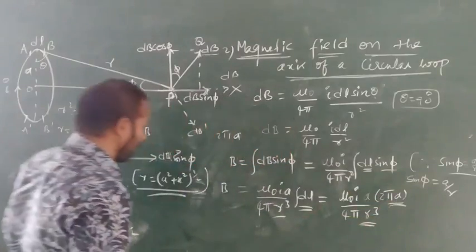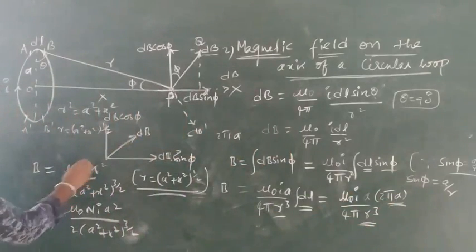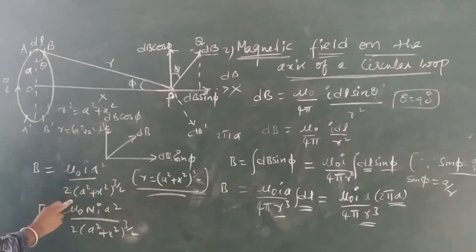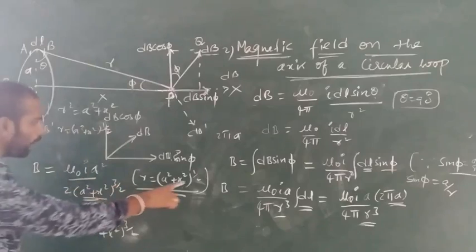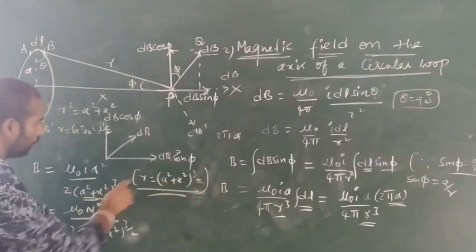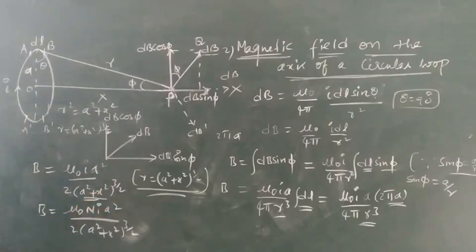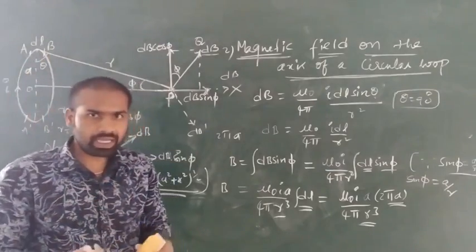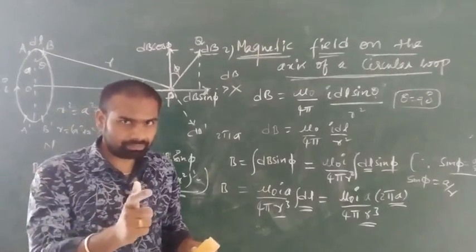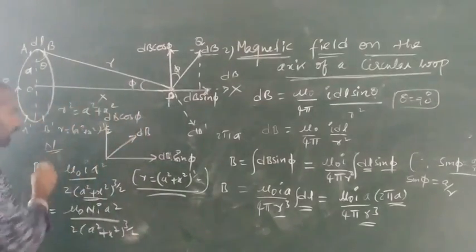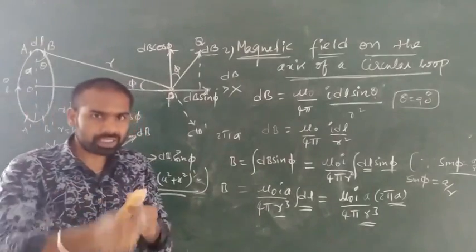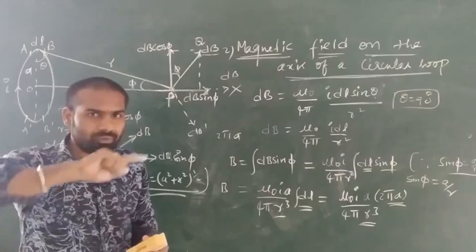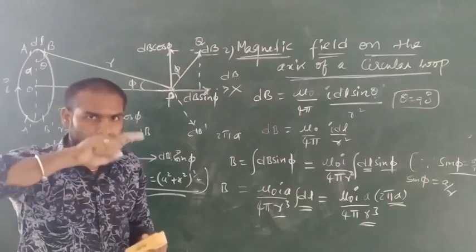A into a square, we will get at last B is equal to mu naught I a square by 2 into, in place of R, we substituted a square plus x square whole power 1 by 2. But R cube, so whole power 3 by 2. Now if this circular loop has N number of turns, we have to multiply with capital N, because we took only one circle, one wire, one conductor.